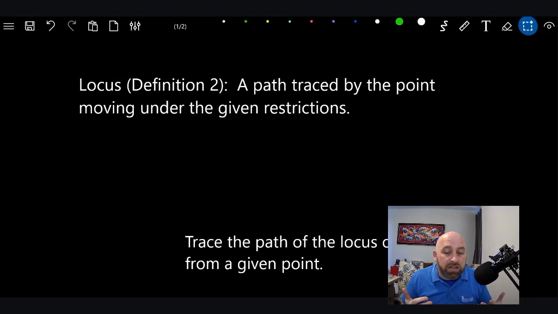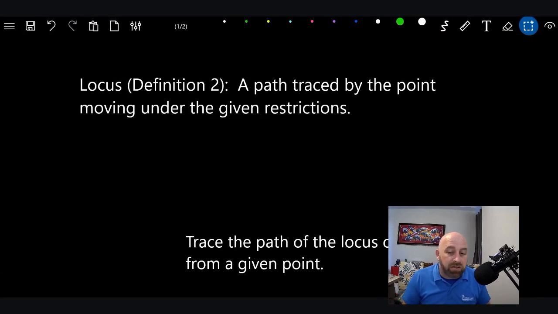So let's first of all start off with a secondary definition of the word locus. We already did the one that basically talked about how it has to satisfy a specific given criteria. The second definition is that a locus is a path traced by a point moving under given restrictions. So, here's an example, you restrict your compass.